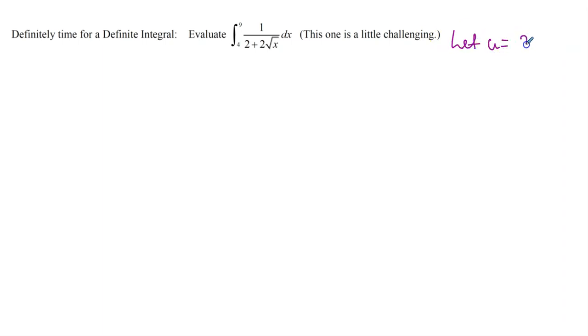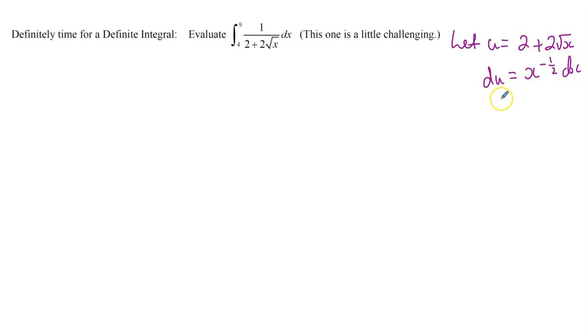Let u equal 2 plus 2 root x. Then du is going to be, so what is that? 0, that's a half. A half times 2 is 1, and that becomes x to the negative half dx, right?